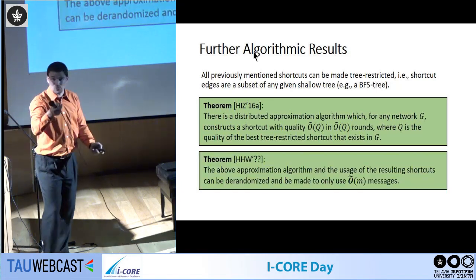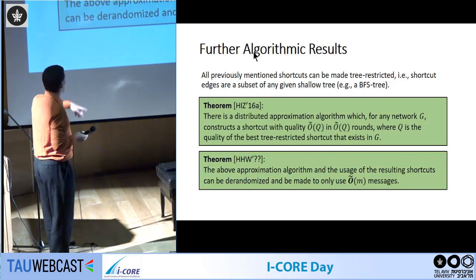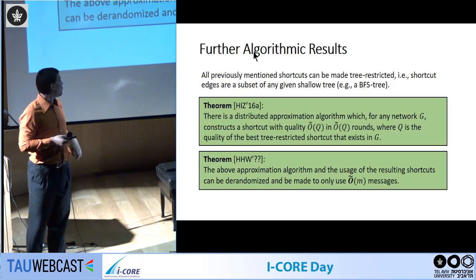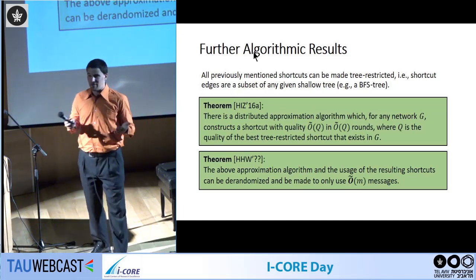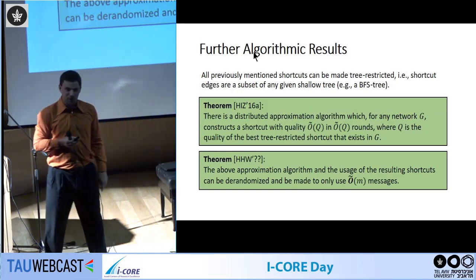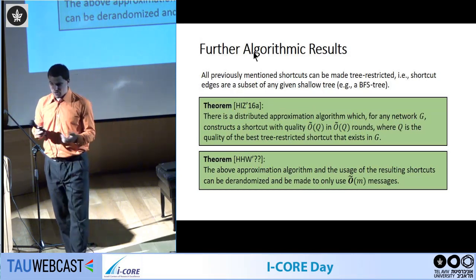And also, to answer Noam's question, can we do it deterministically? The answer is yes. Also, recently people have started to care about message complexity again, like how many messages do I need to send? I guess the best paper at PODC was MST with a linear number of messages and square root of n time.